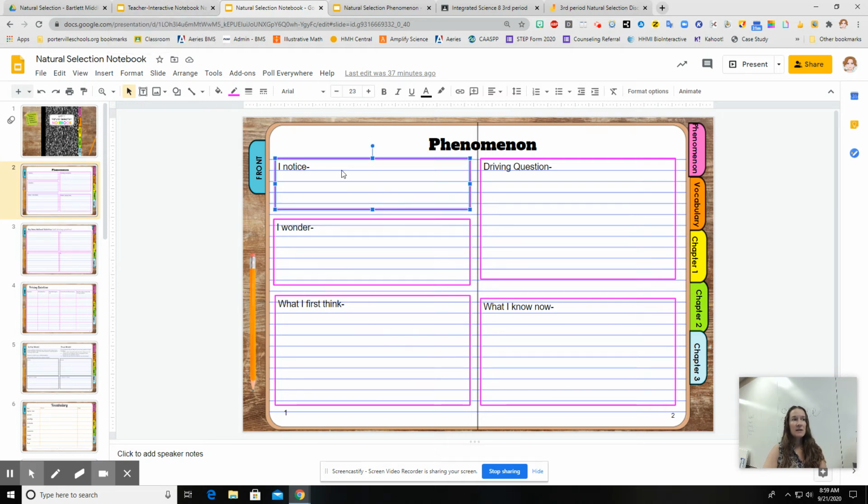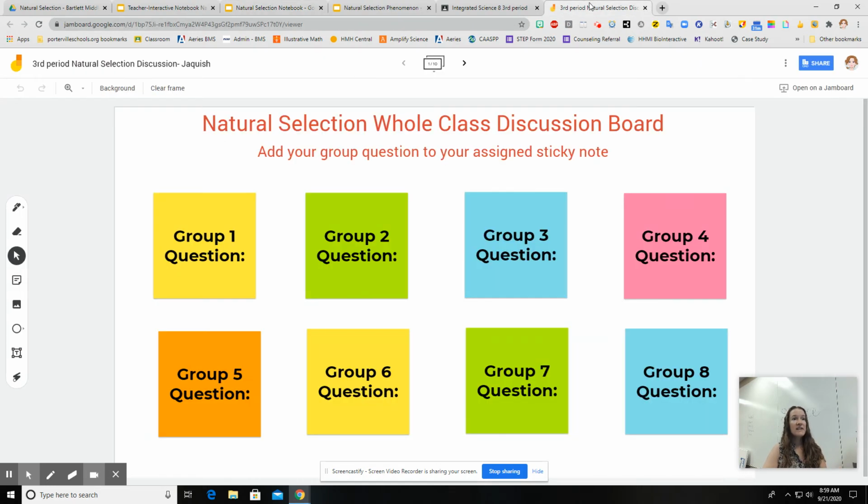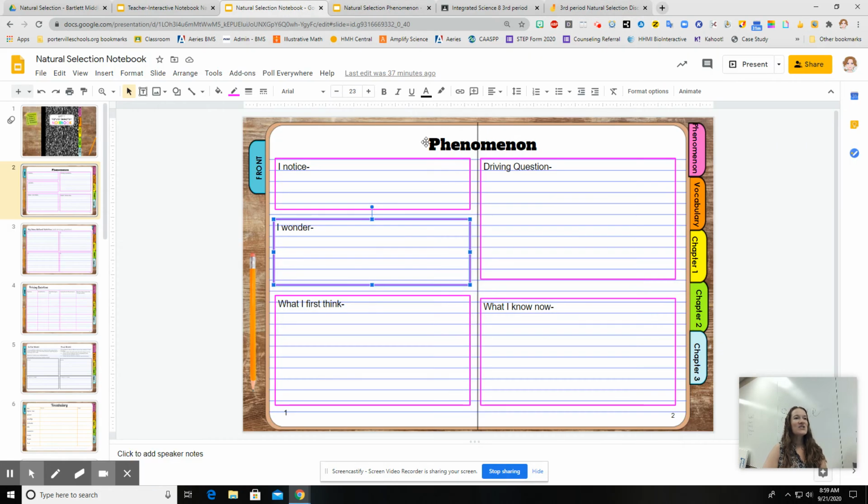So the I notice statement you do individually. The I wonder statement you're going to do today individually. We will discuss it all as a group. Your team's going to come up with a driving question, and that will go on the Jamboard. And then we're going to put our driving question here where it says driving question. After we have the driving question, you will be able to try to answer the driving question, right?